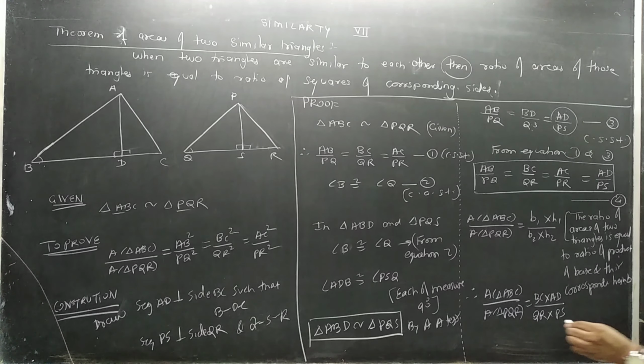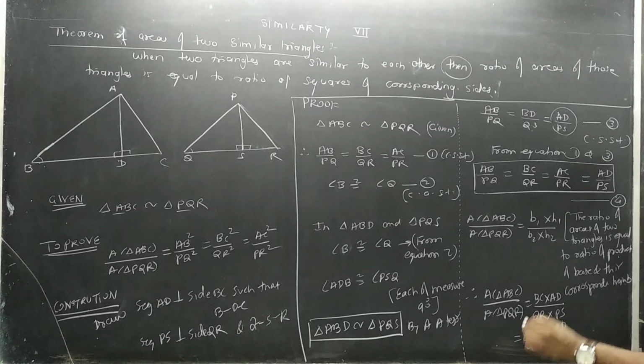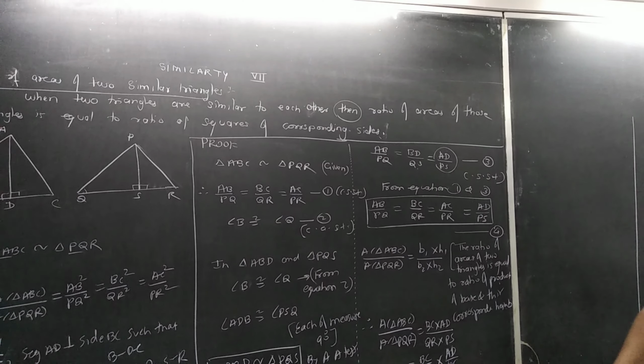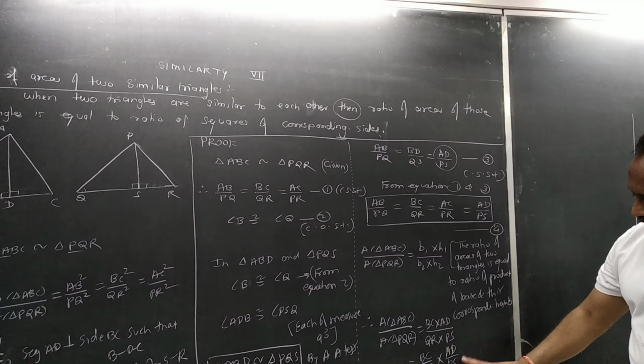This I can write as BC upon QR into AD upon PS. Okay, got it now? So now we got BC upon QR is equal to AD upon PS.